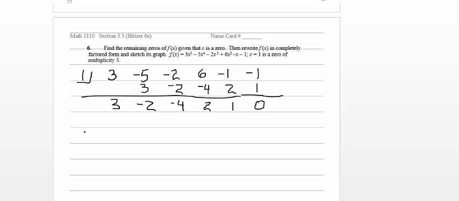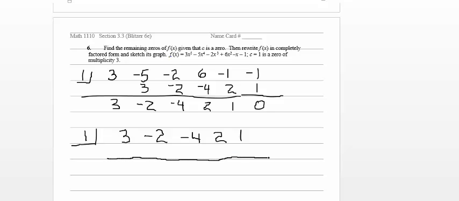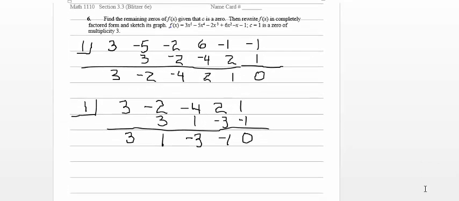Now I'm going to repeat synthetic division where c is 1. This time my dividend is my quotient from the previous division. So notice how I'm writing the coefficients of the quotient. And I'm going to divide again, and I'm also going to get a 0 remainder here because 1 has multiplicity 3.